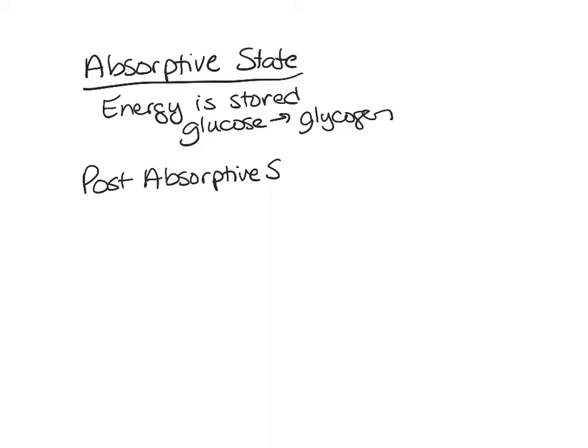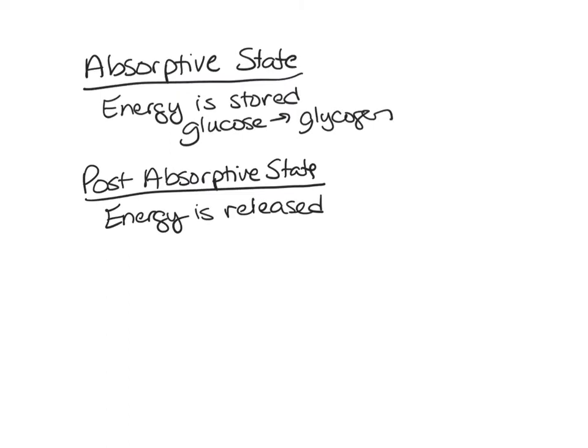The post-absorptive state is when your body is going to release energy. So this is when your liver will take glycogen and break it down into glucose, so then glucose can become available to make ATP.